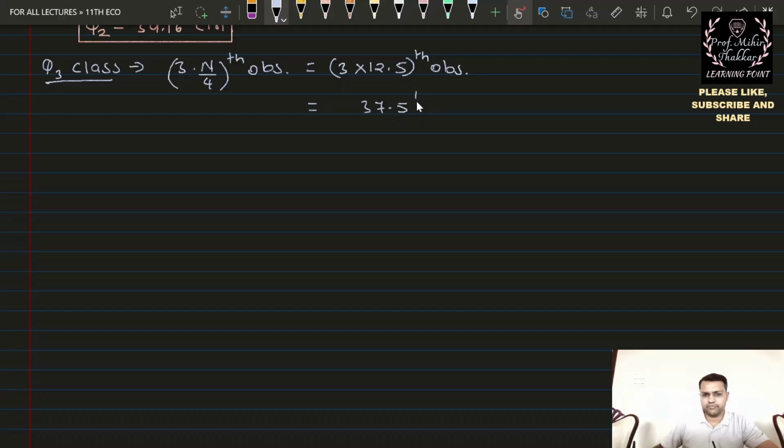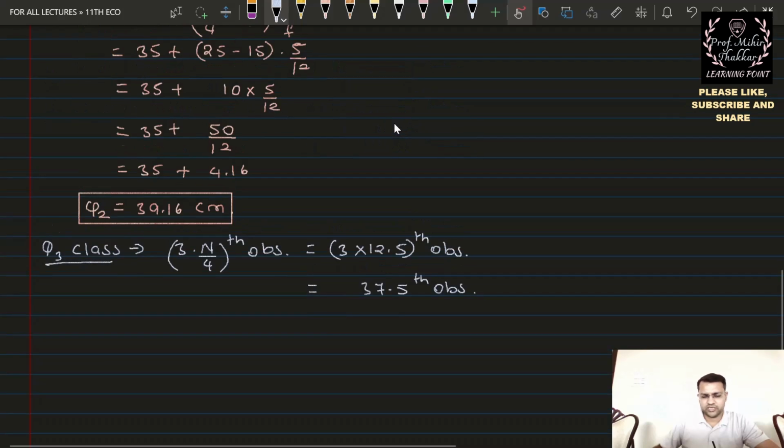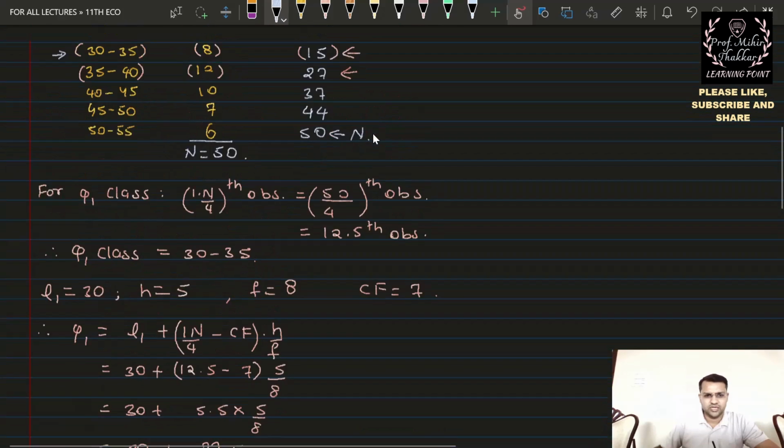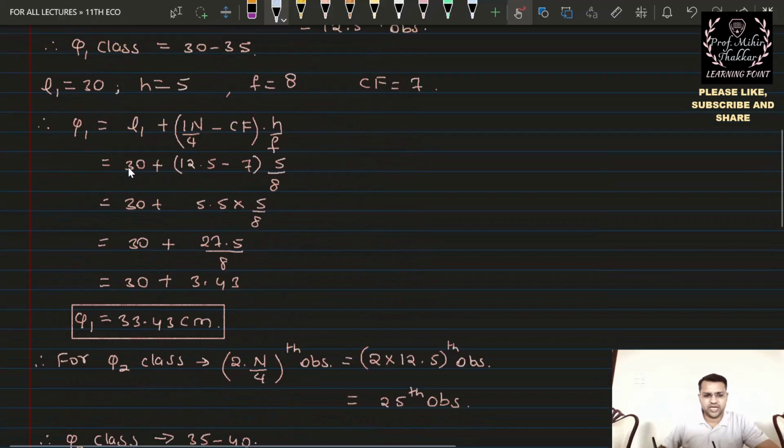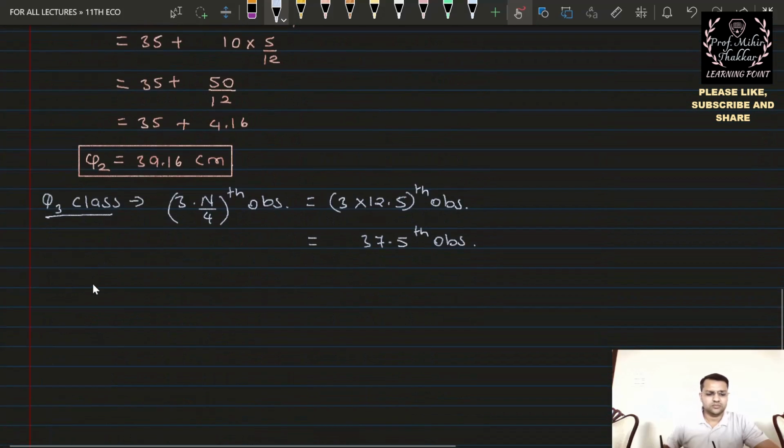So it is 37.5th observation. So friends, the cumulative frequency which is just greater than 37.5, in the table you can observe it is 44. So the corresponding class 45 to 50 has to be your required Q3 class.